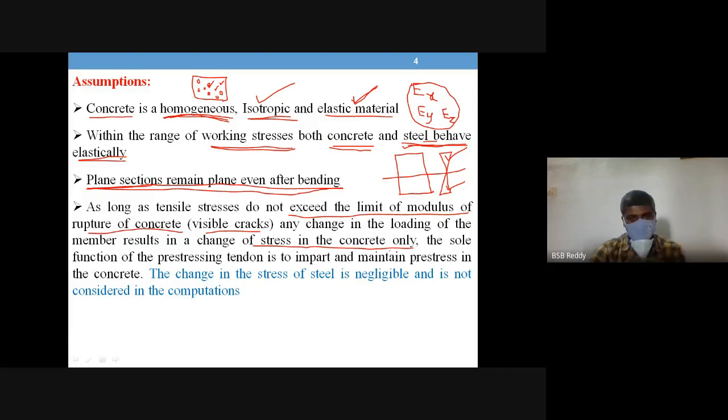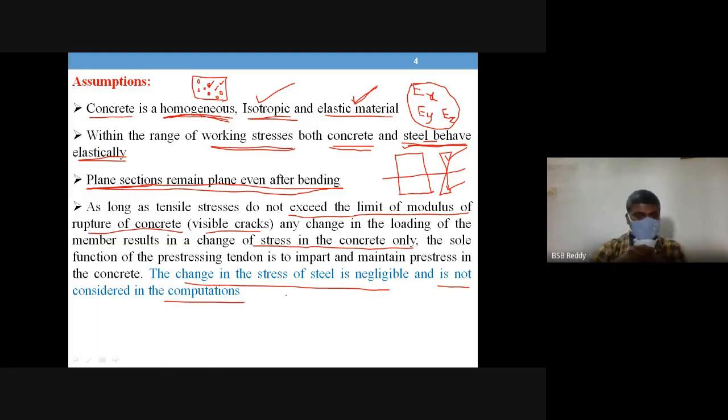That is the assumption. So in a simple way, the change in the stress in steel is negligible and is not considered in the computations.